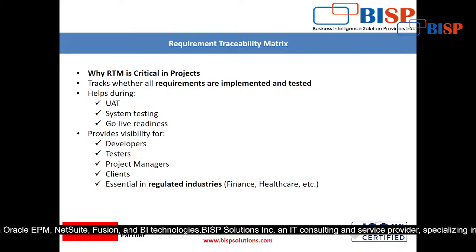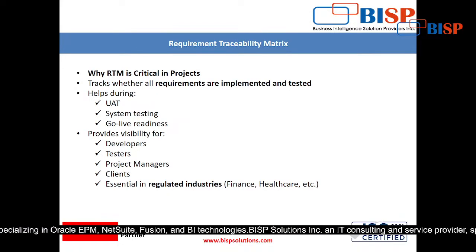Purchase order creation, check for approval, then take the approval, if it is rejected what will happen, if it is approved what will happen, and if the amount is less than that particular range, then what will happen. So once we complete all these requirements, that means we are ready. It shows our readiness for go live.